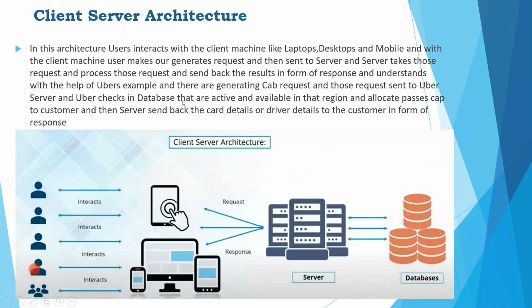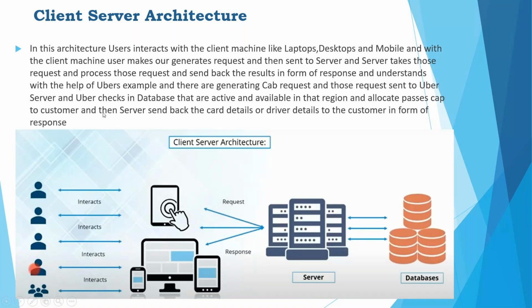This is called the client-server architecture. I'm talking about Node. The user interacts with client machines like laptops, desktops and mobiles, and with the client machine the user generates a request and sends it to the server. The server takes those requests, processes them and sends back the results in the form of responses. Understand with the Uber example: users generate cab requests, and those requests are sent to the Uber server.